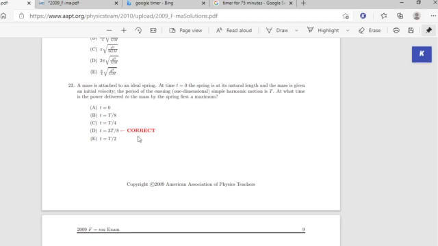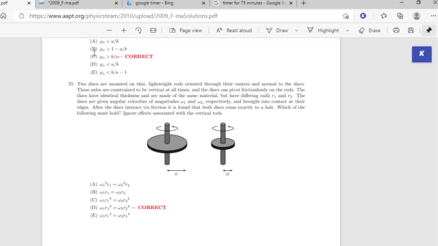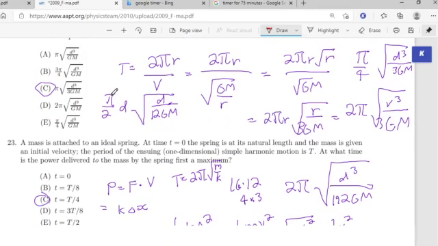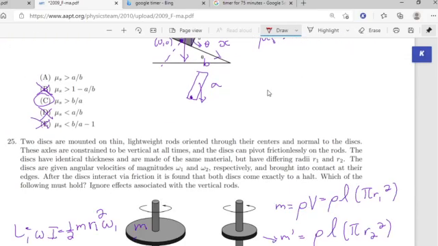Okay, never mind, so that's wrong. And 24 is right and 25 is wrong. So then that is 17.